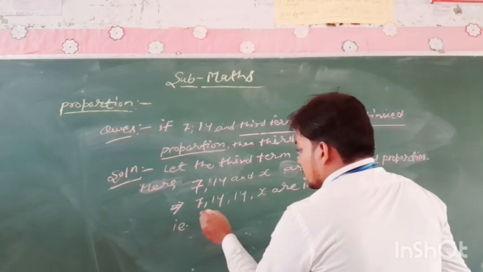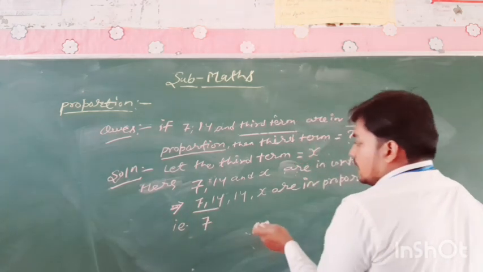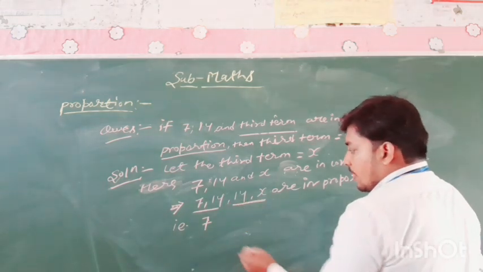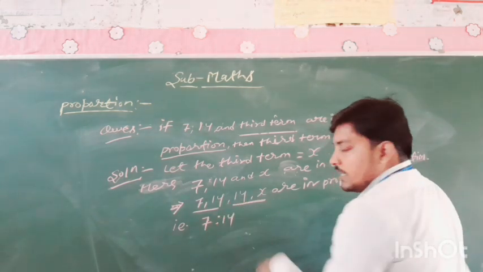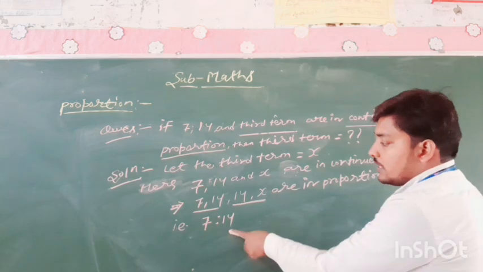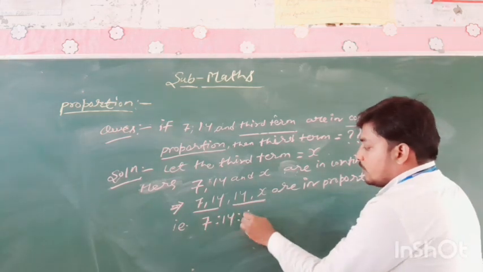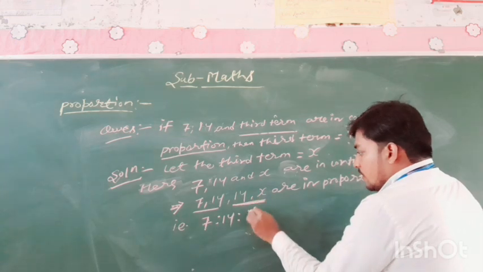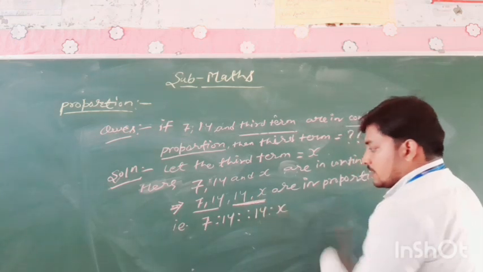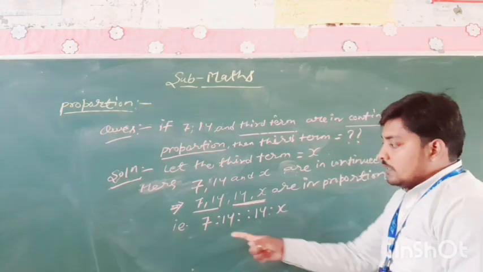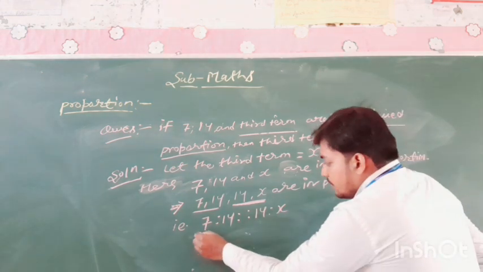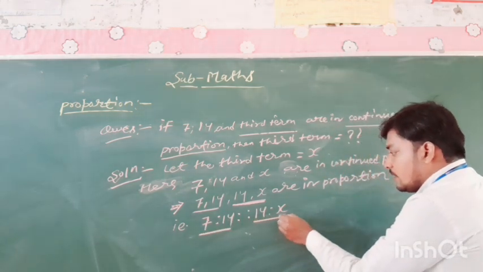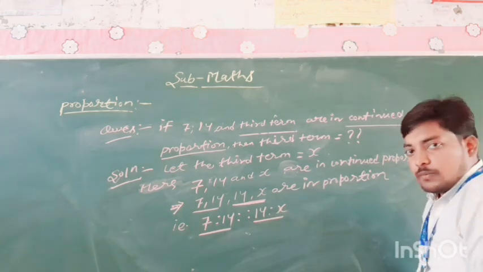That is, ratio of first two terms is in proportion to ratio of last two terms. That is 7:14 are in proportion to 14:x.